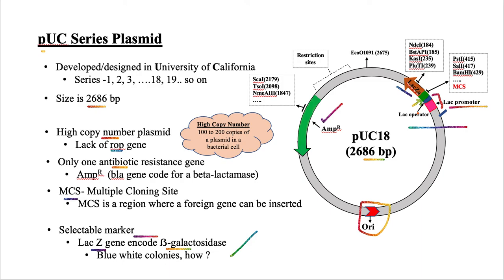The repressor protein then detaches itself from the operator region, and then RNA polymerase will bind to the promoter region and start transcribing the gene ligated to this promoter. In this case, that is the lacZ alpha gene. Once lacZ alpha is synthesized, we can observe the expression in the form of blue and white colonies, which I will discuss later.